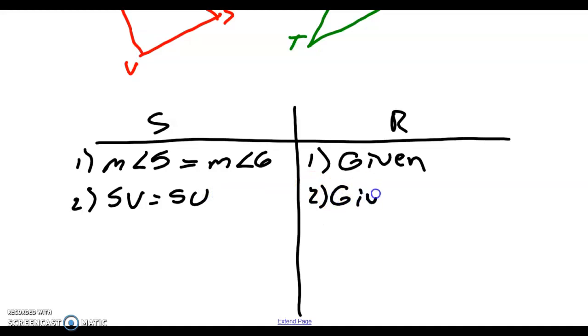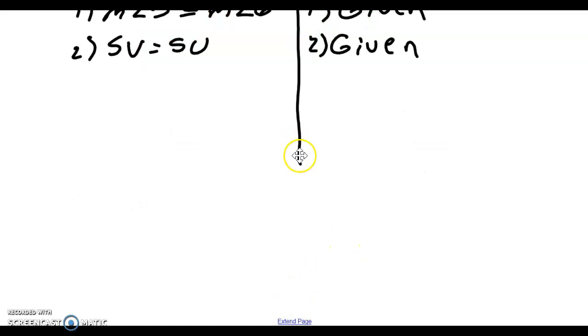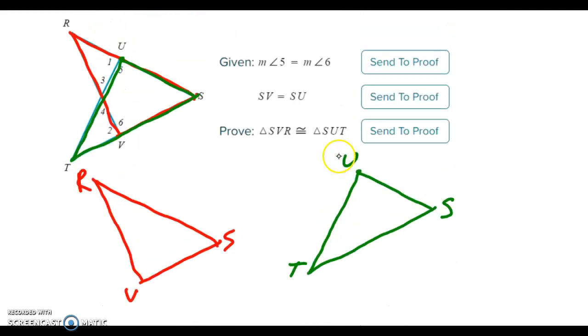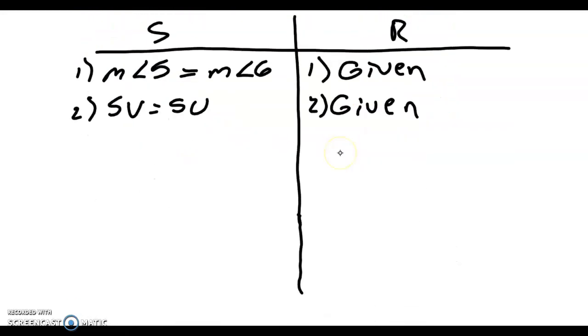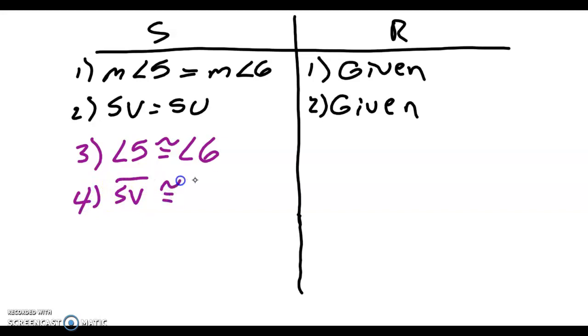So we've got our given statements down. Now remember, from all of our work with proofs before this stuff, we can't mark anything as congruent right now because nothing is technically congruent. They're labeled as equal. But when they're equal, that's the definition of congruence. So we can go right ahead and state in number 3 that angle 5 is now congruent to angle 6, and that segment SV is congruent to SU.